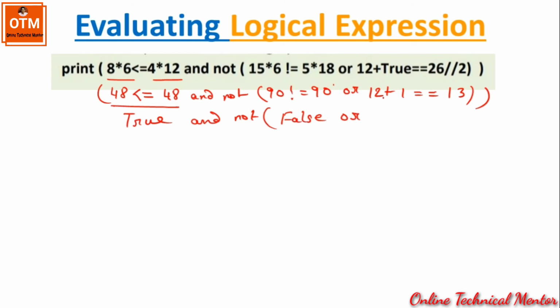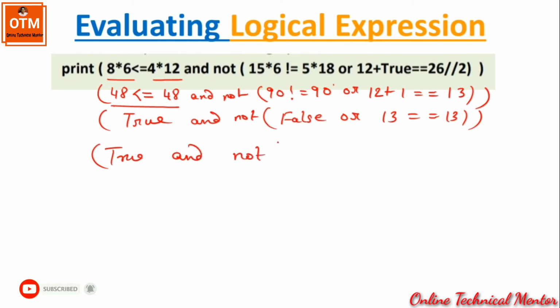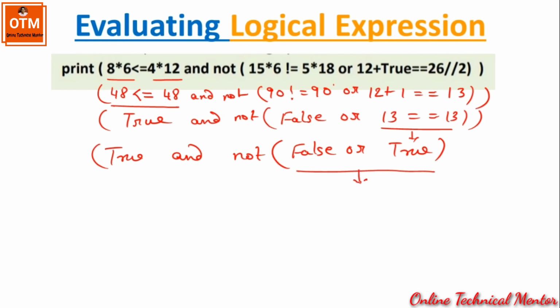Now write or, 12 plus 1, this is also 13, equal to 13. Again let me write true and not. This will be false, and 13 equal to 13 will return true. Now this expression will be evaluated. In case of or, if any one of its arguments is true, it will return true.